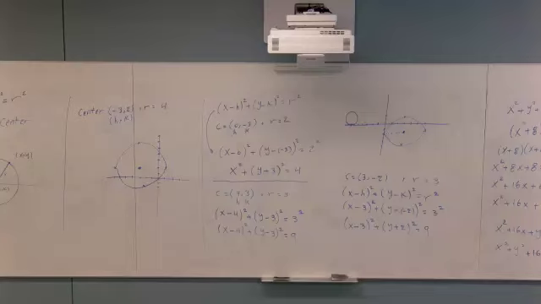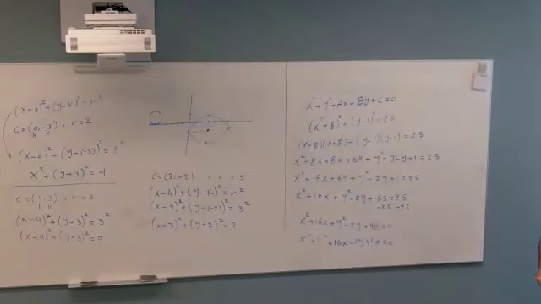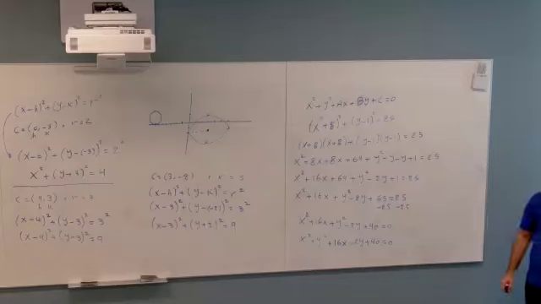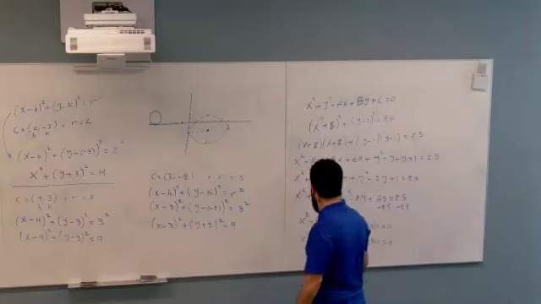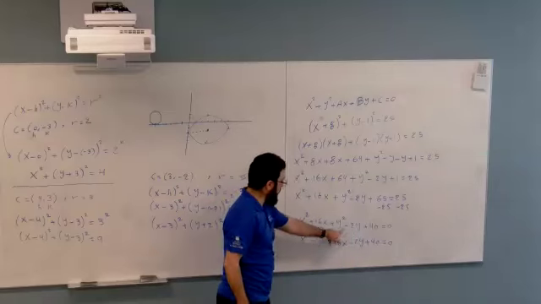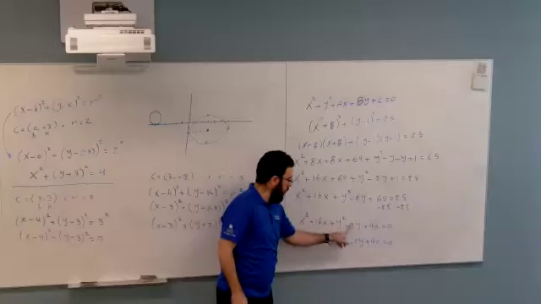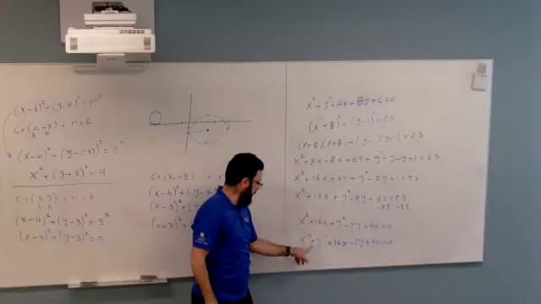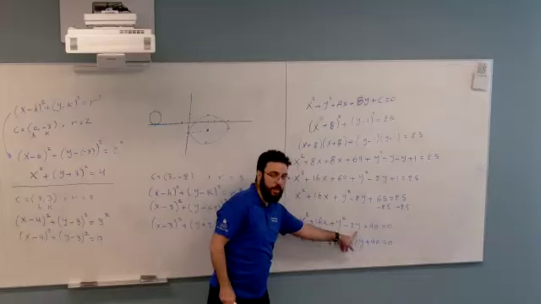I got confused with the negative 2y and the y squared. This is a term by itself. This is a term by itself. So when I move the y here, it doesn't have relation with the negative 2y.